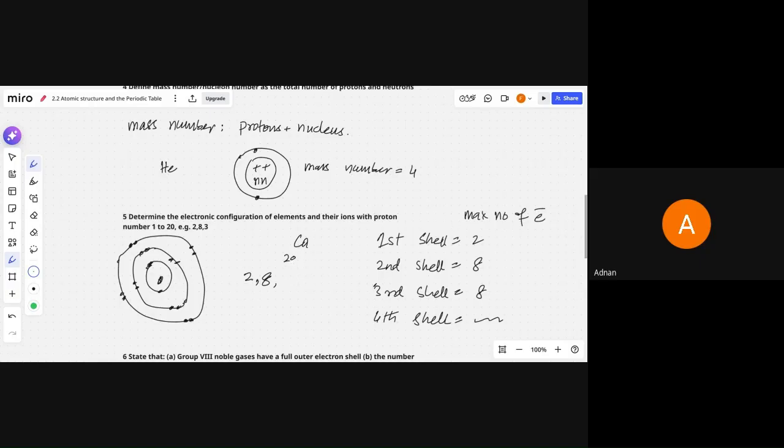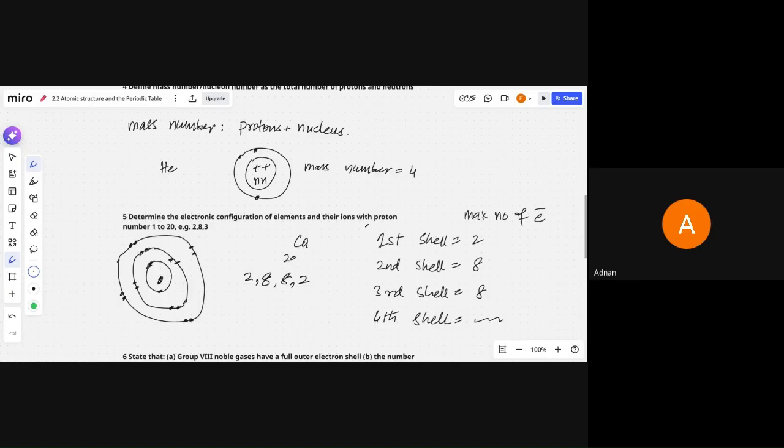Now we move on to the third shell, and again we have a limit. We cannot exceed 8. So the third shell will contain 8 electrons, and then a comma, which represents that now we have to go to the fourth shell. And the remaining 2 will be in the fourth shell. So this is how we write the electronic configuration of elements.